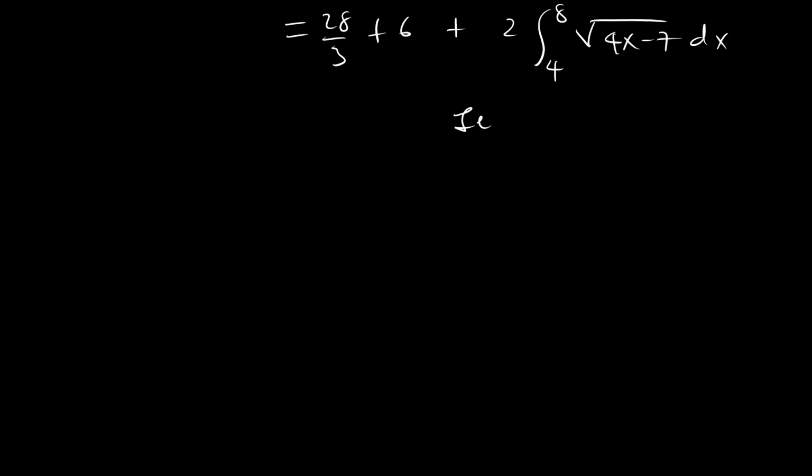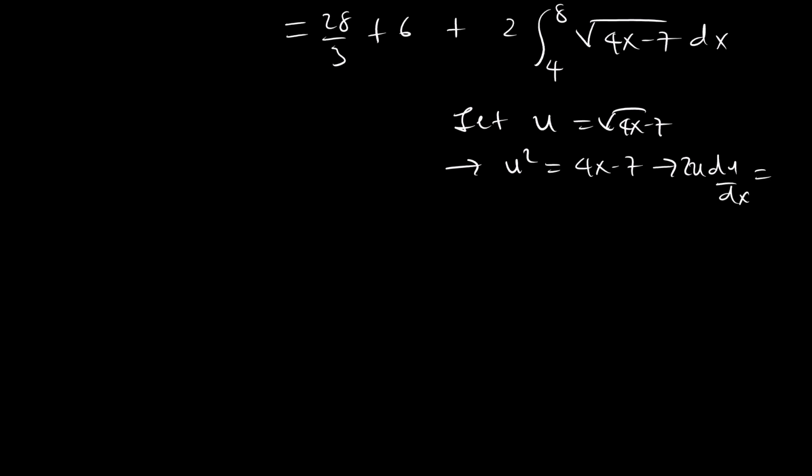We can say let u be equal to the square root of 4x minus 7. That means that u squared is equal to 4x minus 7. Therefore, 2u du/dx equals 4, meaning that a half u du can be used to substitute for dx.